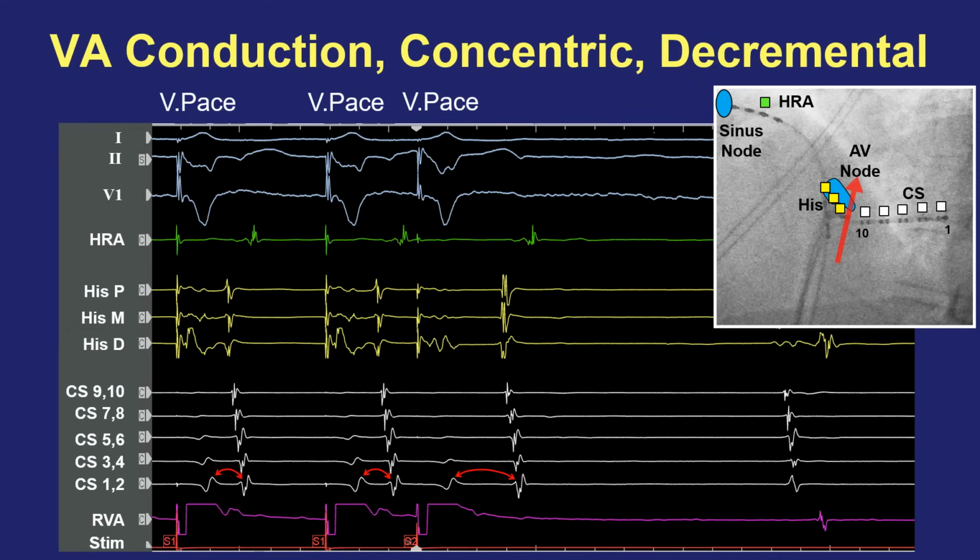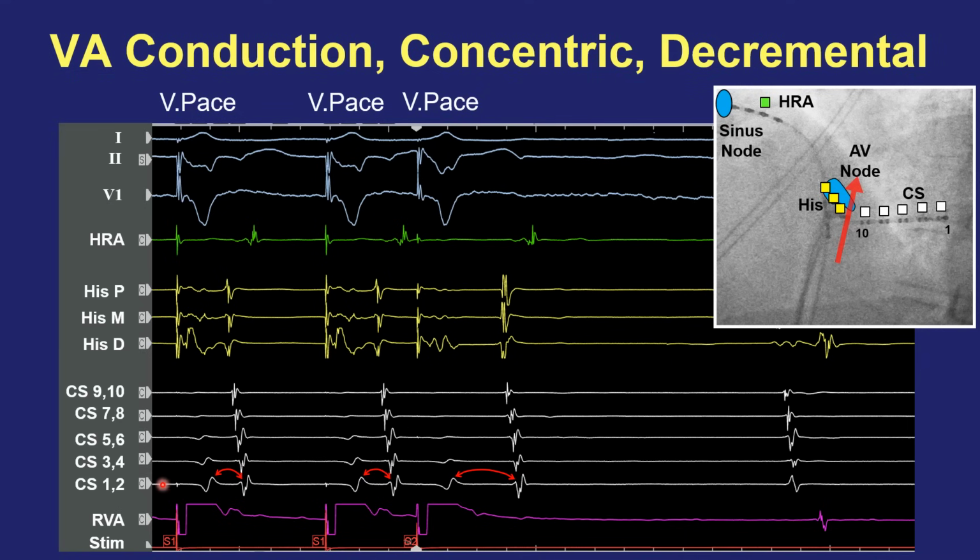Another little trick that sometimes can help save time or at least confirm what you're seeing with the calipers is correct is you can actually look at, without even having to measure, the relationship between the ventricular electrogram and the atrial electrogram in a catheter where you see both.